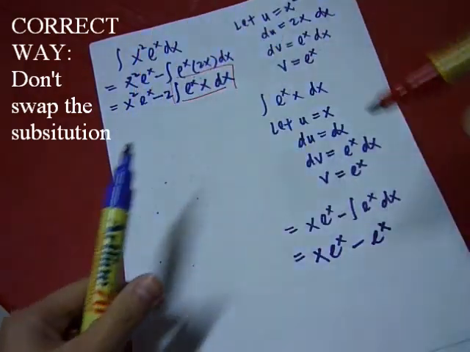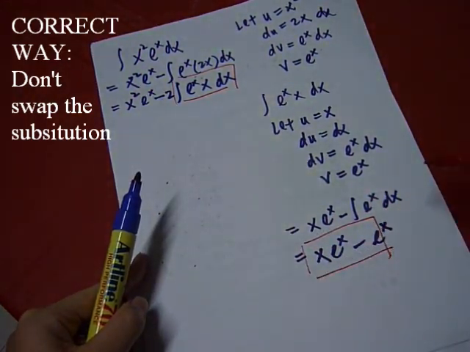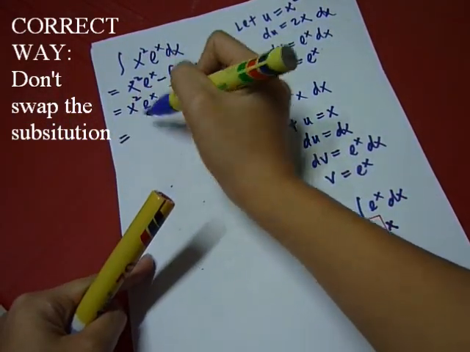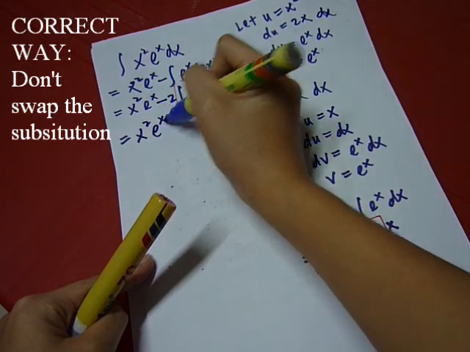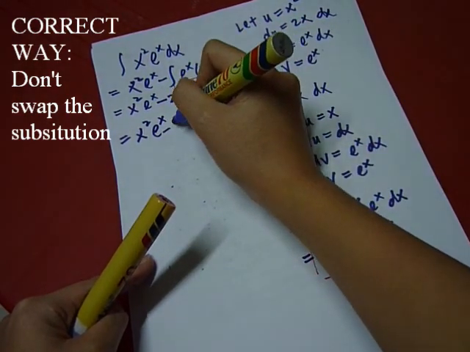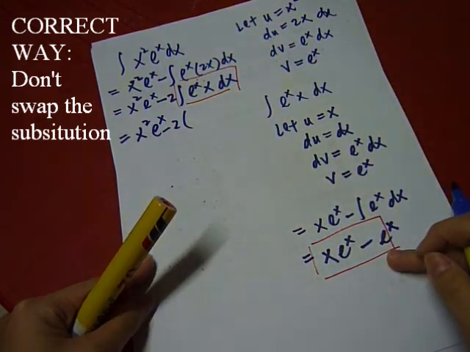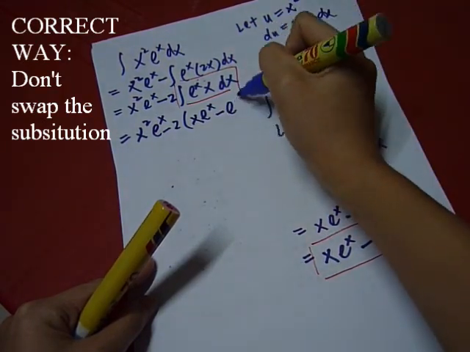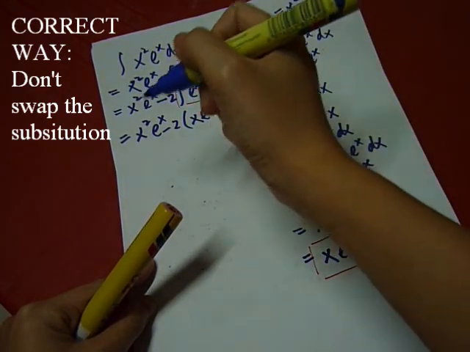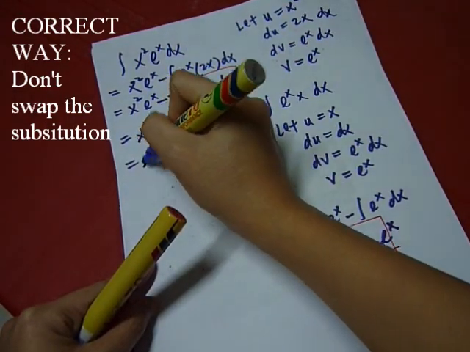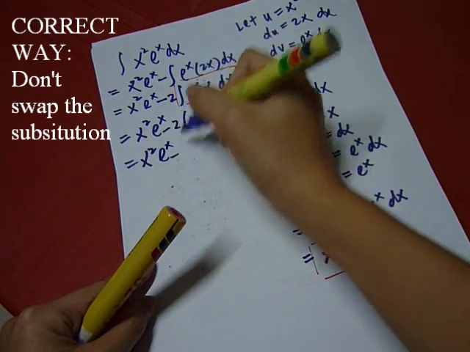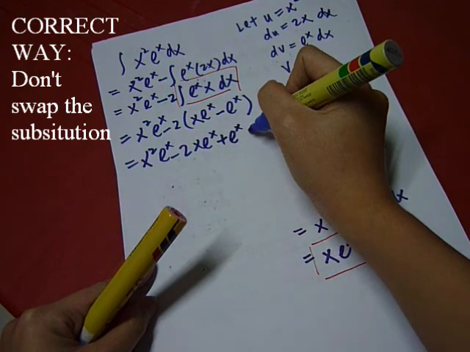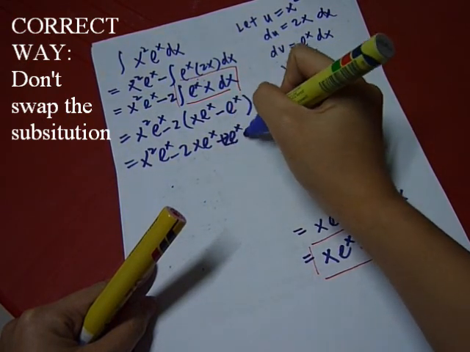Then we substitute this back to the question. x squared e^x minus 2 bracket x e^x minus e^x bracket, minus, plus e^x, sorry, it's plus 2e^x plus c.